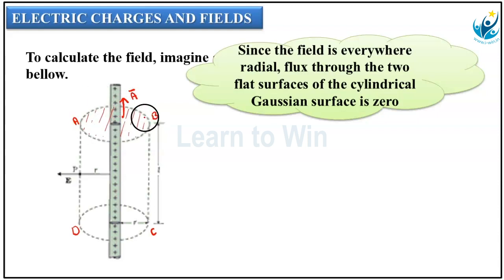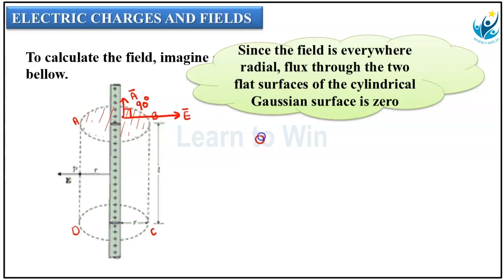For this AB surface, electric field is directed like this. So this is E bar direction. How are electric field and area vector directed? These two are mutually perpendicular to each other. Hence, angle between electric field and area vector is 90 degrees.